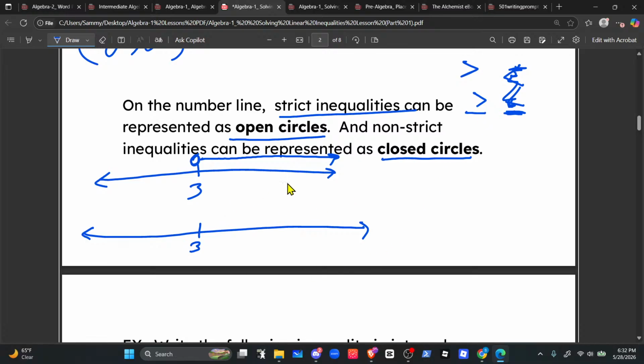So all numbers greater than or equal to 3, we would do a closed circle and we would point to the right. Okay, we want all numbers greater than or equal to 3, so it would include the 3. So on a number line, open circle, strict inequality; closed circle, non-strict inequality.